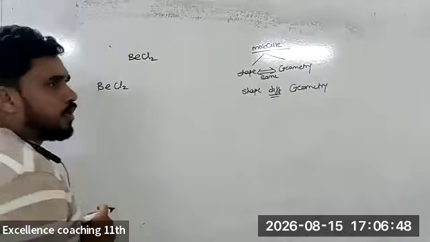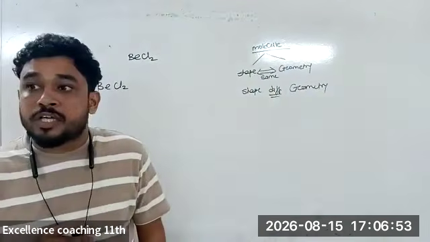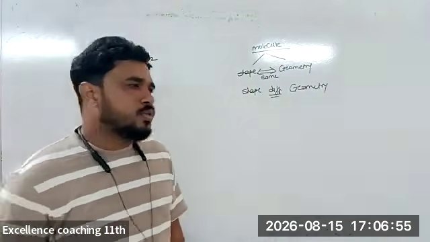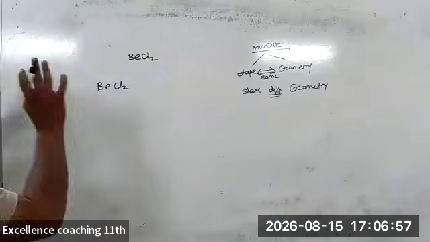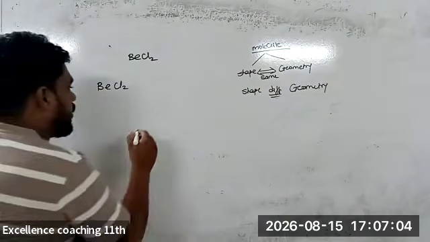Let's take a very simple example, BeCl2. First you should know how to identify the central atom, as I told you in the Lewis dot structure. Who is the central atom here? It will be beryllium.